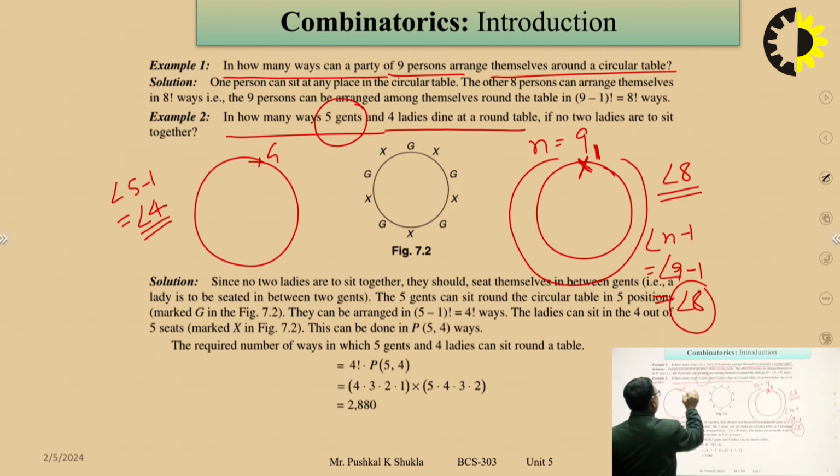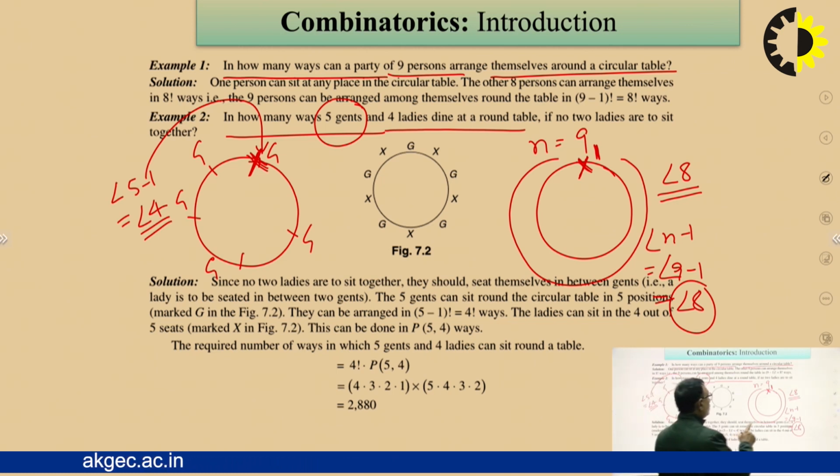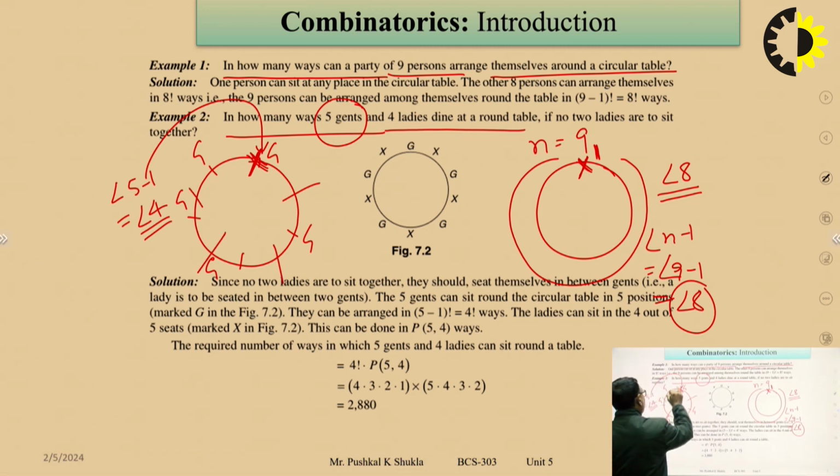So gents G, G, G, G and G. Fix one gent's position and the rest can be arranged. And in between we have to arrange ladies so that no two ladies sit together. So there are 1, 2, 3, 4, 5 places where we can arrange 4 ladies.